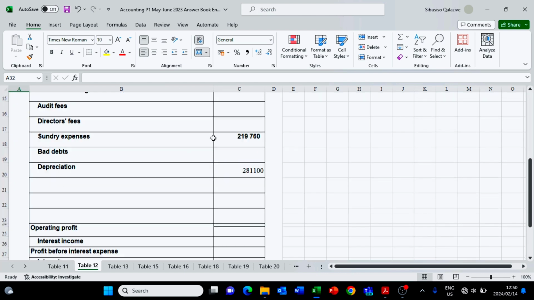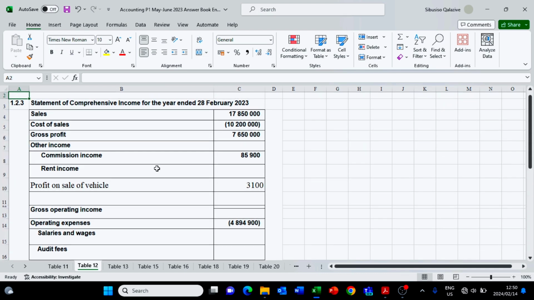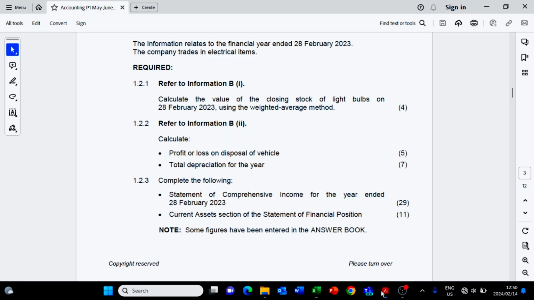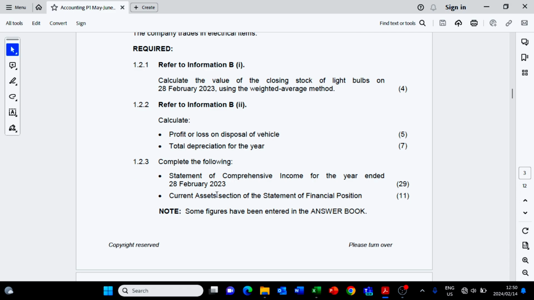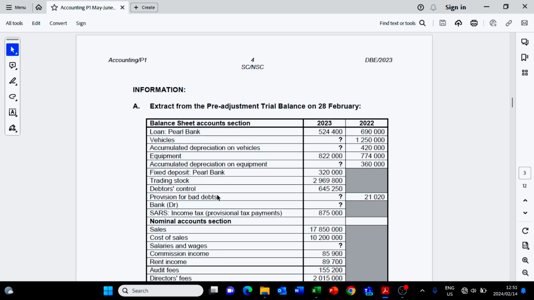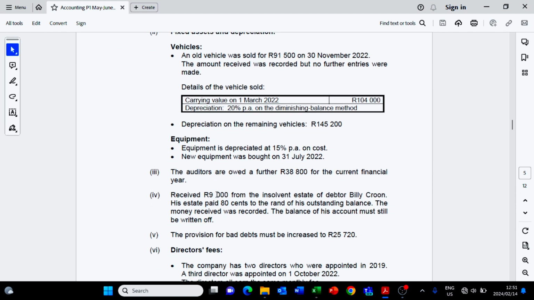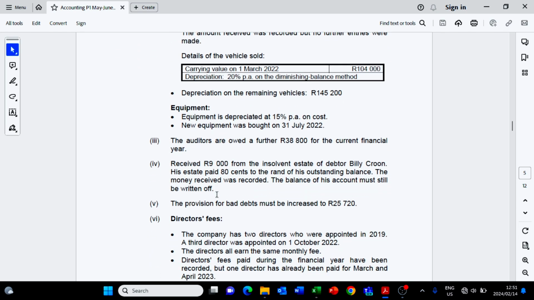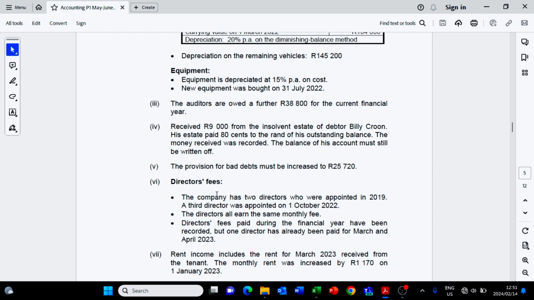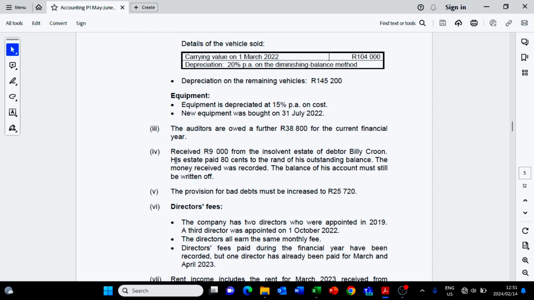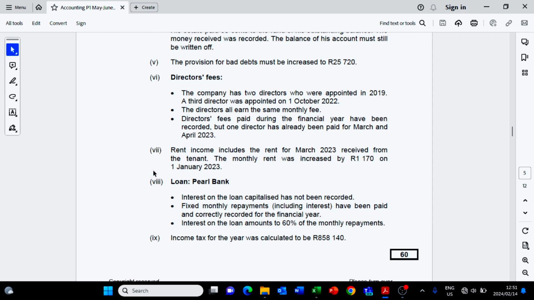So we are going to look at the rent income. On our information, we are going to refer to information B, because we are already done with this information. We are looking for the rent. So now this is the information for rent.